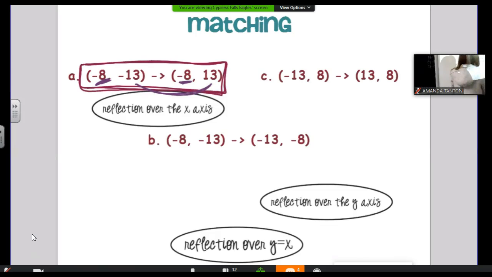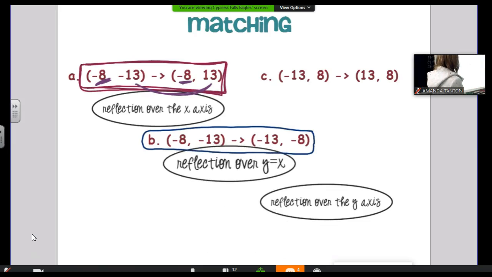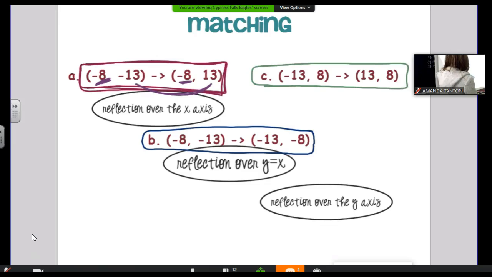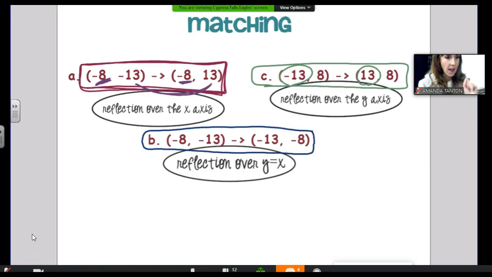Okay, what about here? What happened? Nobody changed signs, but they traded places. When x and y trade places, that's y equals x. And then, of course, we know what's left. If we inspect this, nothing happened to the y, but the x changed signs. When the x changes signs, it's a reflection over the y-axis.